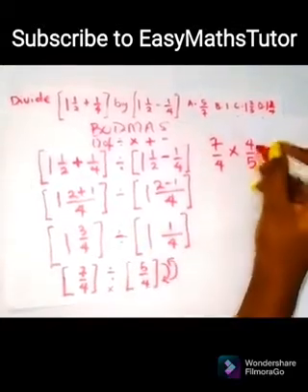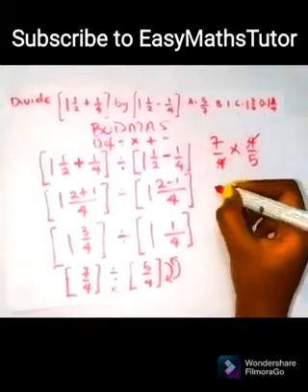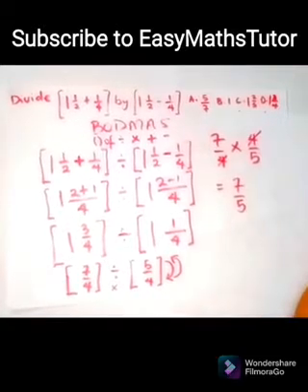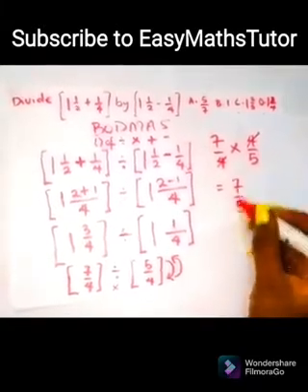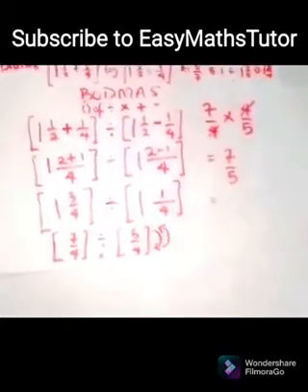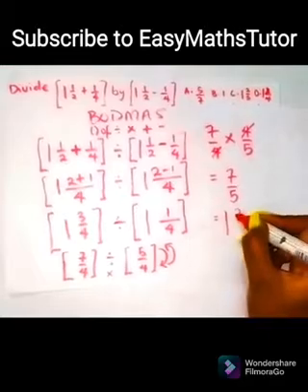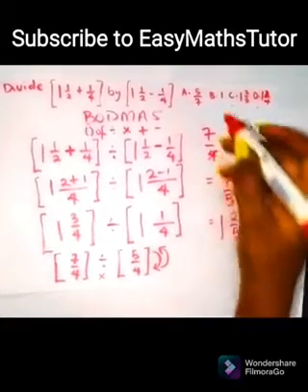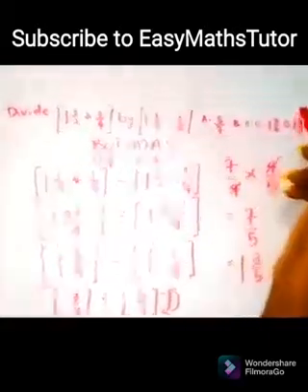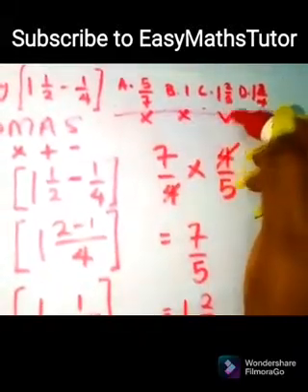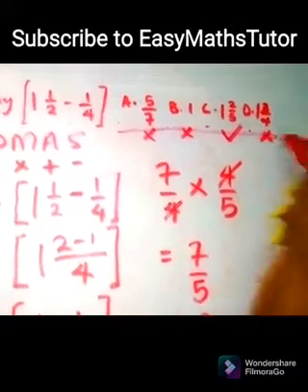Remember, it flips over. This will cancel this. The answer will be 7 over 5. So if we want to convert this back to our mixed fraction, we'll have 1 whole number 2 over 5. So already in the options, this is not right, this is not right, this is our correct answer.